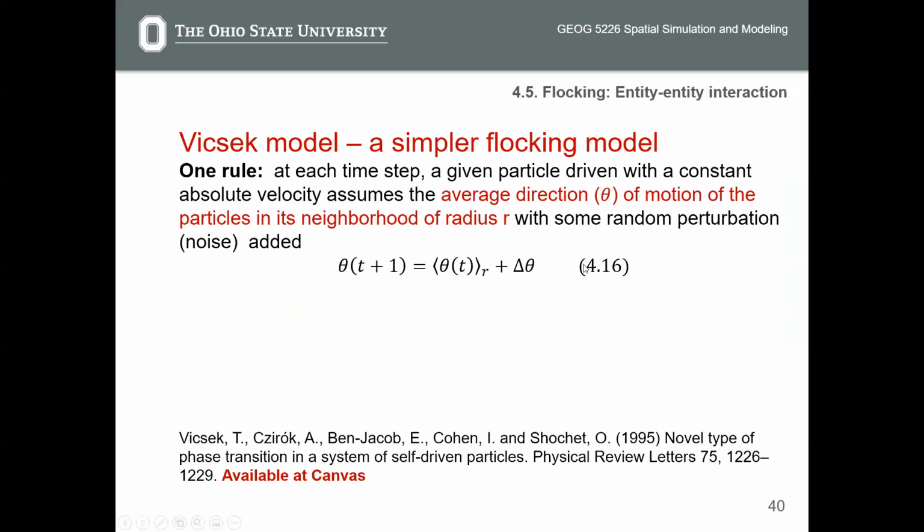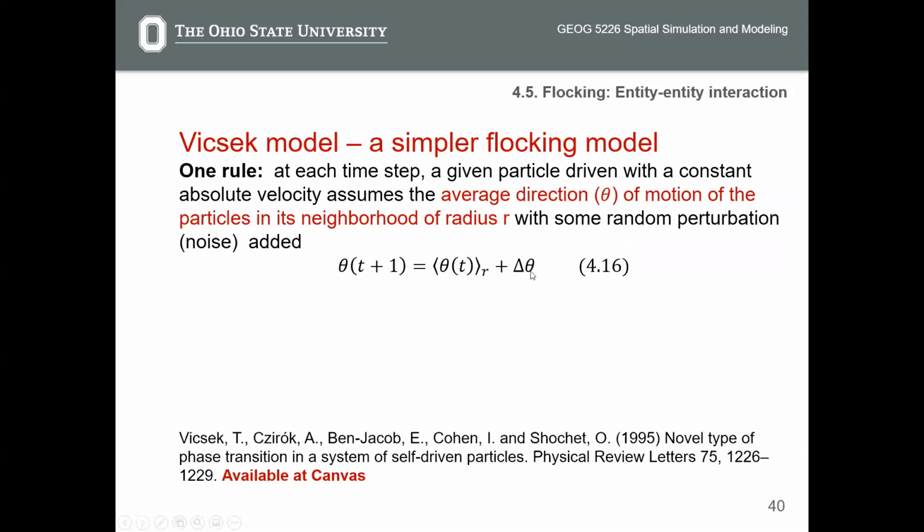So this model 4.16 here addresses that: an individual should have a constant velocity, and the direction of that individual, theta, after each step should be decided by the average direction of all neighbors currently, plus some random noise.